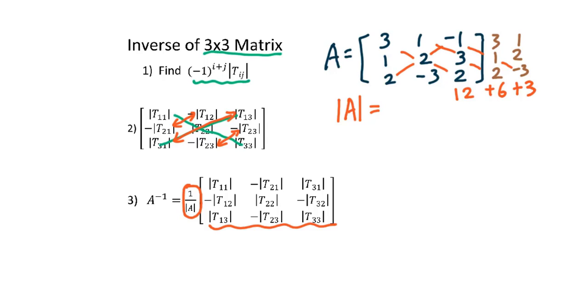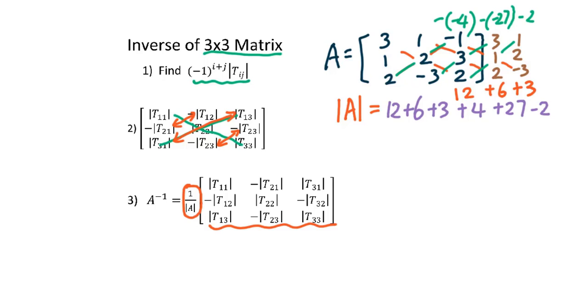This way, you will get minus negative 4, minus negative 27, then minus 2. So you have 12 plus 6 plus 3 plus 4 plus 27 minus 2. You will get 50.